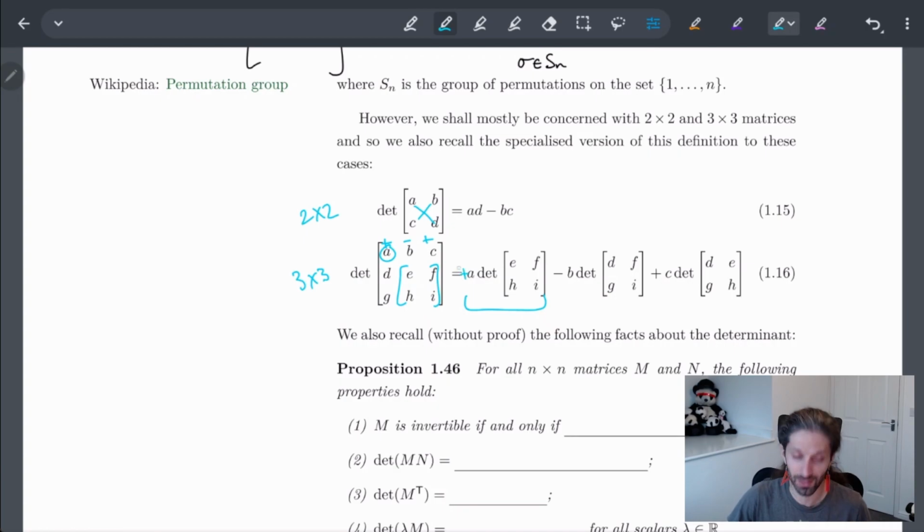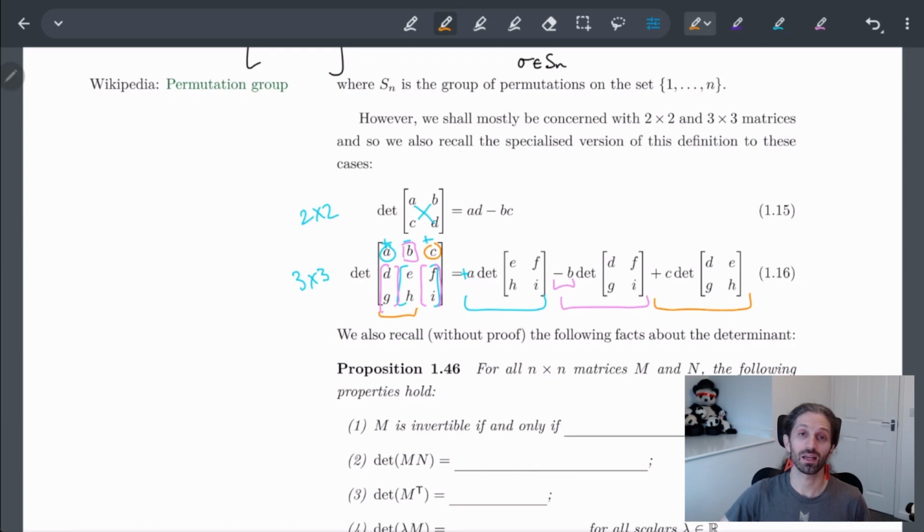This is a plus in front because I have a plus on top of the A. Then if I look at B, B is negative because there's a negative on top, and then I look at the submatrix without B. So here I have D, G, F, I. That gives me part B. And then C I won't draw or else it might get too crowded. I'll just put a little C on this one. So here we have a plus C. And obviously we'll get the left two columns for that. And this is how the determinant is working.